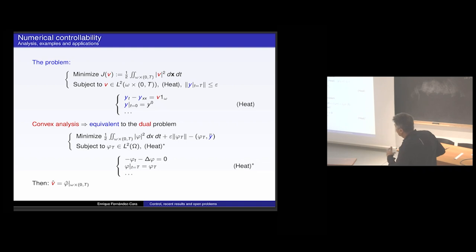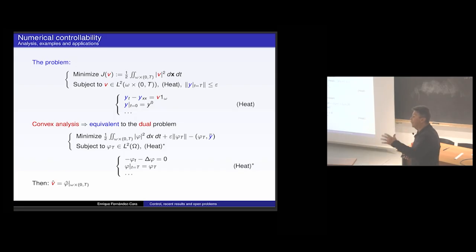That is the control that makes minimal this quantity, subject to this restriction, y at capital T, norm less than epsilon, very small. For the moment, I consider not the null controllability problem, but the approximate controllability problem that is written here.